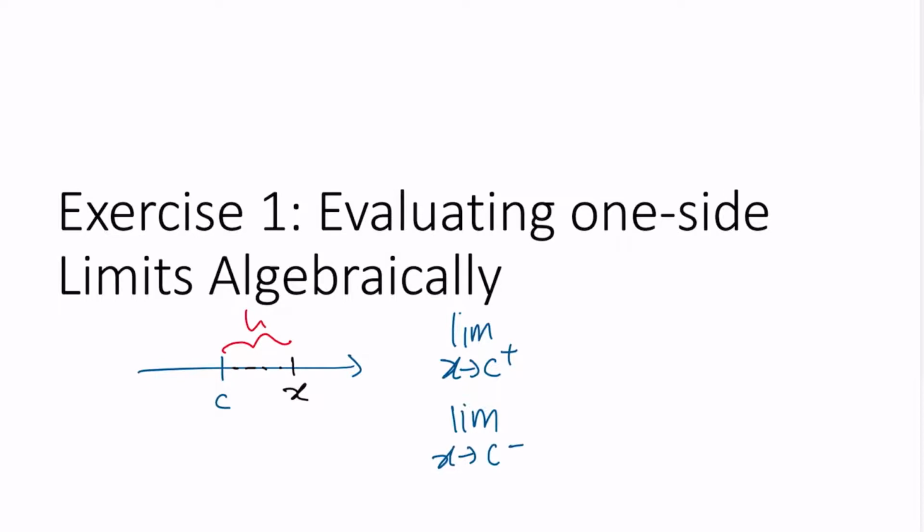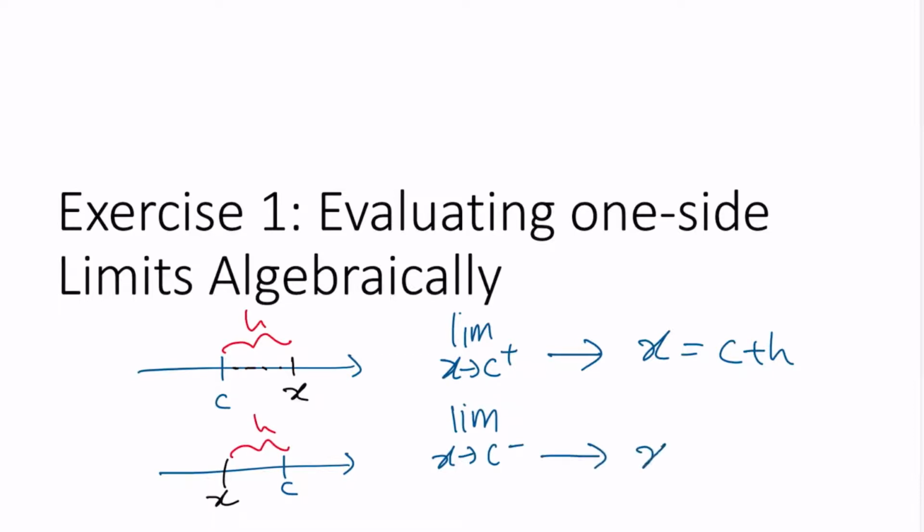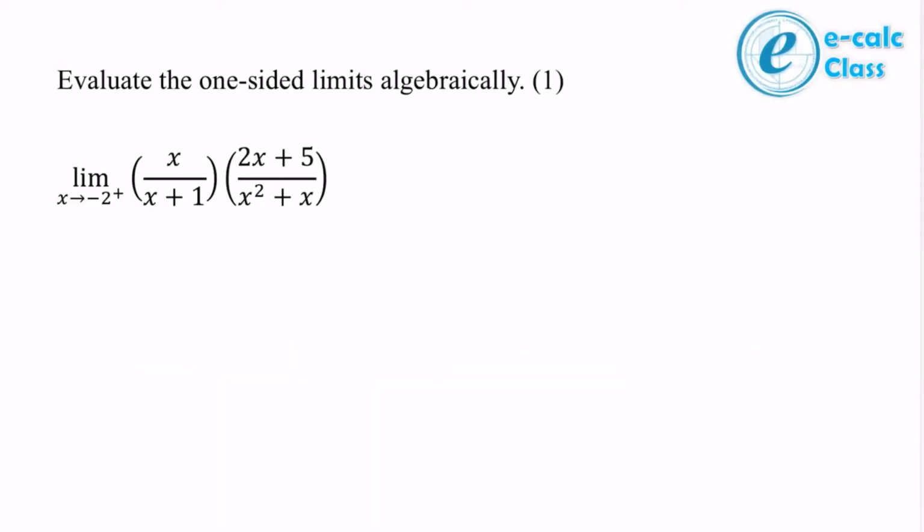So if you see this, you just go ahead and replace your x with c plus h. Okay, if it is from the left, means your x is here, your h is here, then you replace your x with c minus h. Okay, so these are the two things that you have to remember. The rest are just computing the limits. Okay, let's look at the question.